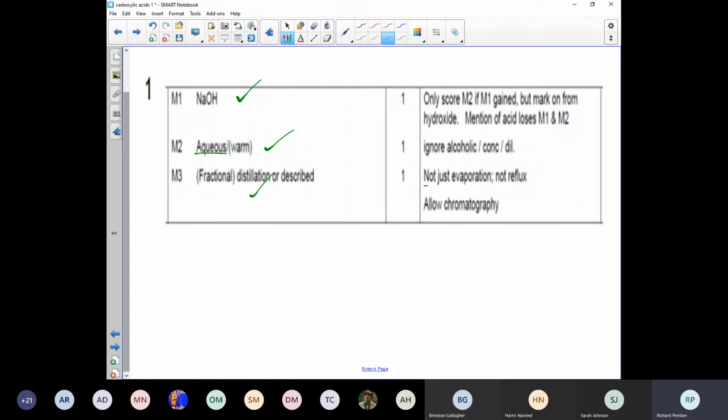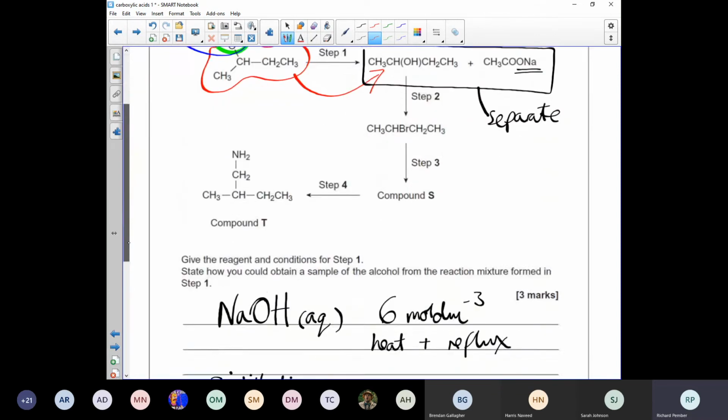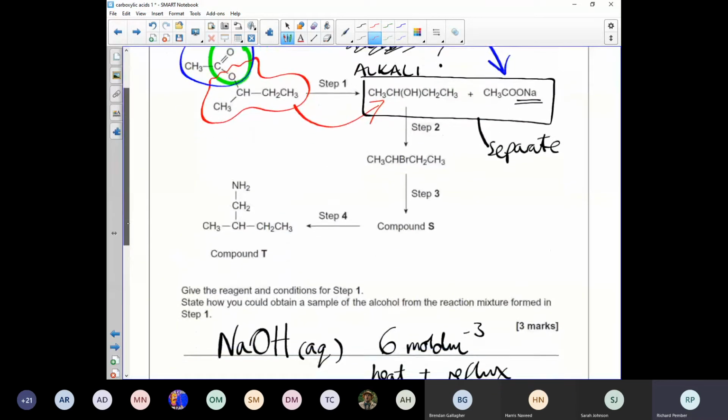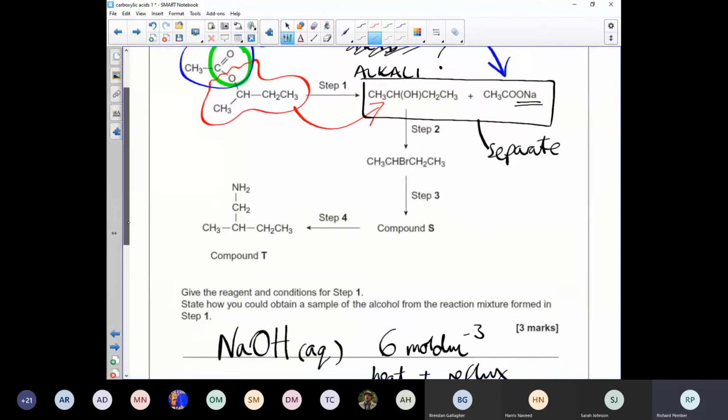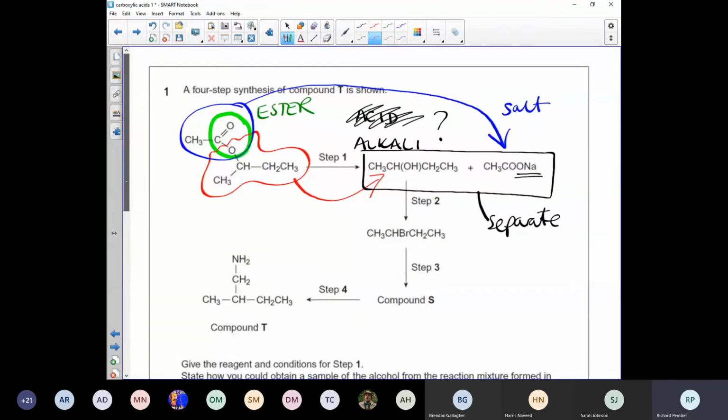They weren't bothered if we said evaporation, not good enough, certainly not reflux, and they've accepted chromatography. So hopefully we've got off to a good start there. 3 marks. You can see that for this question, we didn't enter into steps 2, 3, and 4, where it was maybe getting a little bit more interesting, for another day perhaps.